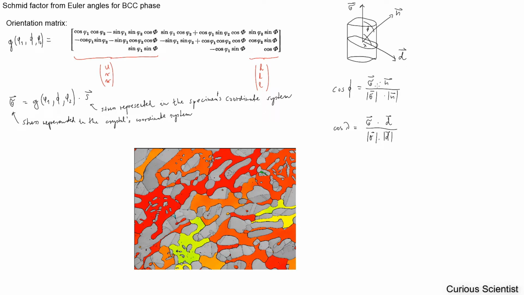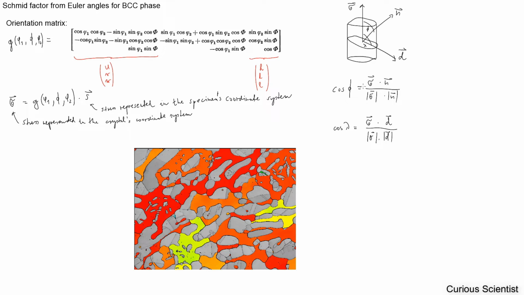By using the cosine similarity, we can get the values of cosine phi and cosine lambda. That's what you see here, the vectors put into the cosine similarity equation.